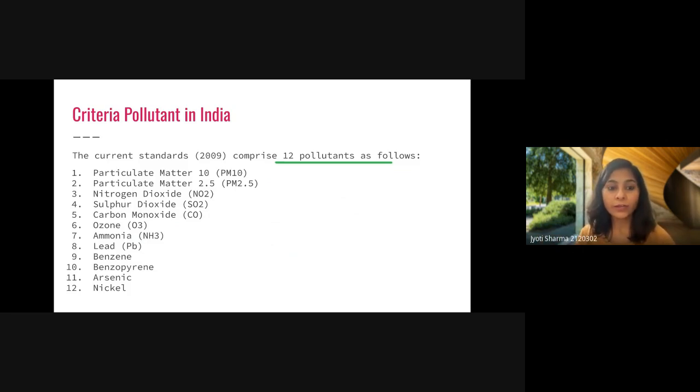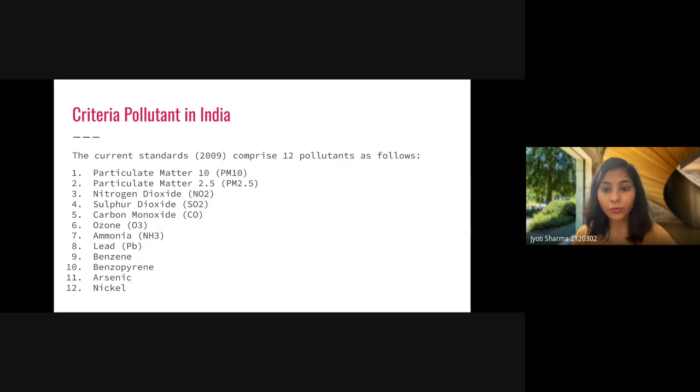These 12 are particulate matter 10 and 2.5, nitrogen dioxide, sulfur dioxide, carbon monoxide, ozone, ammonia, lead, benzene, benzopyrene, arsenic, and nickel. So for these 12 we have a threshold, and if we exceed that threshold, it will give you an adverse impact on humans or the environment, and this is not for CO2.